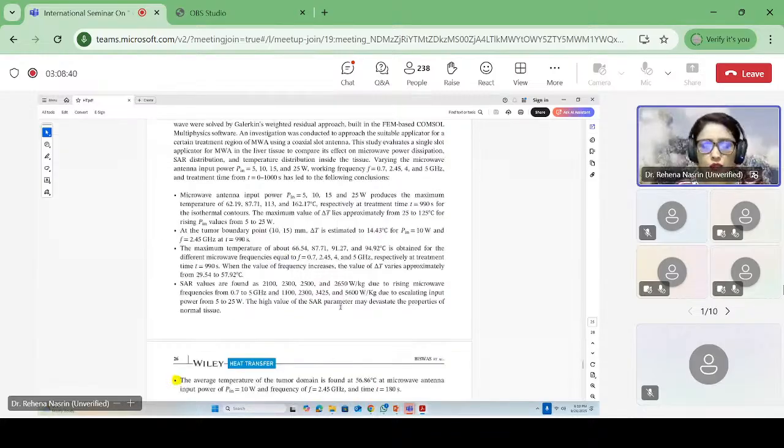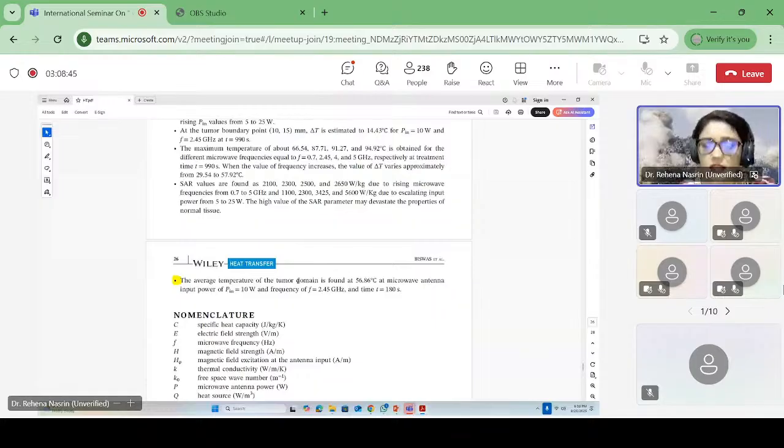In the conclusion part, we show that the average temperature of the tumor domain is found to be 56.86 degrees Celsius at microwave antenna input power 10 watt, frequency 2.45 gigahertz, and time 180 seconds.